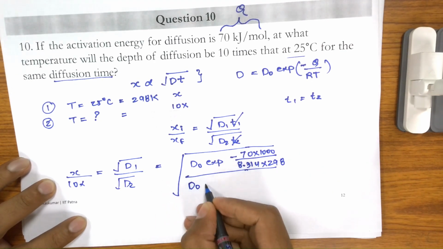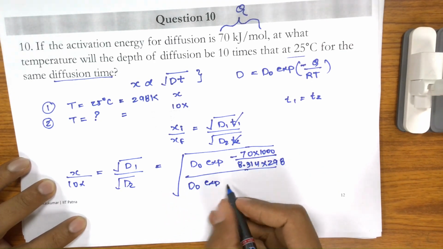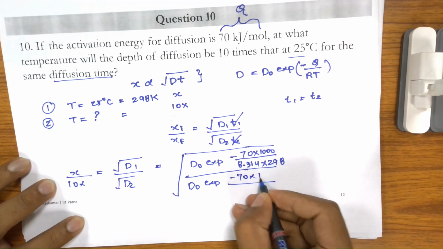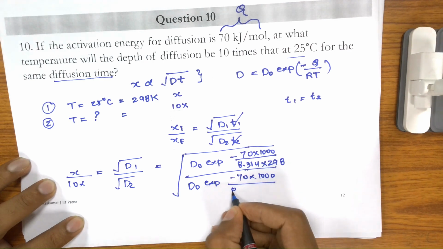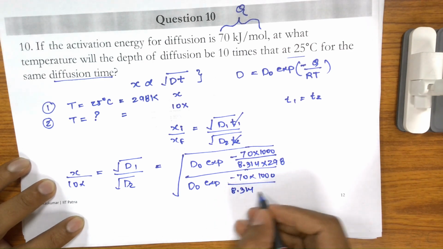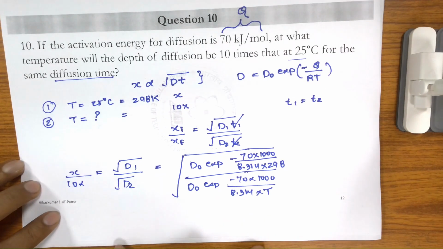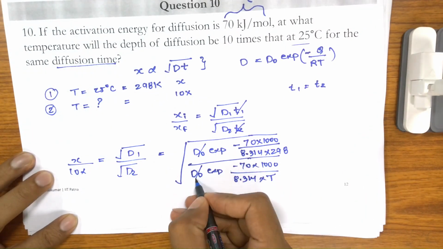Second case, again D naught exponential, again we'll write the same thing, minus of 70 multiplied by 1000, over 8.314 multiplied by T. This is how we are going to solve. D naught and D naught are going to be cancelled.